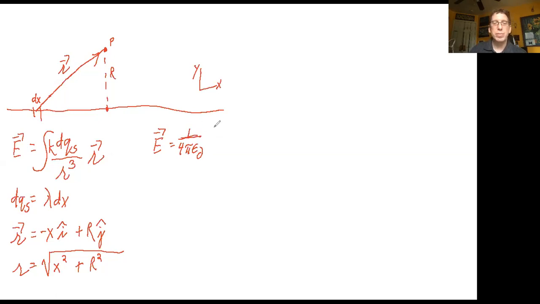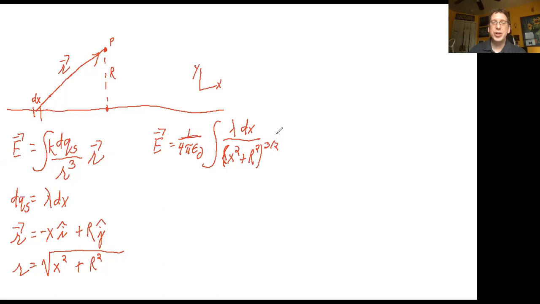And so we can bring that out of the integral. And so dq is lambda dx, and you're dividing by the magnitude of r cubed, so we can write that as x squared plus R squared to the 3/2.